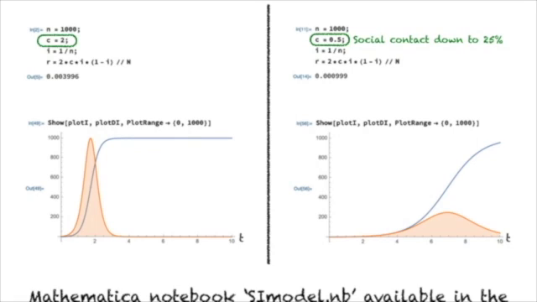I welcome you to try this at home by adjusting the parameters in whatever way you like. I uploaded the Mathematica notebook called simodel.nb, and you can find it on my2PNU. So try it at home and try to think about the implications of this.